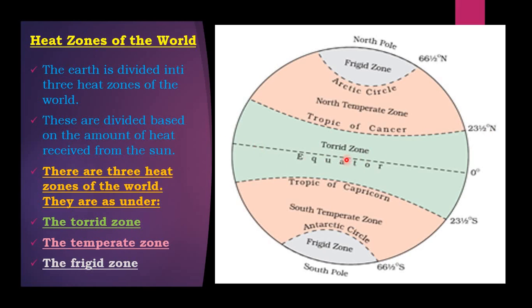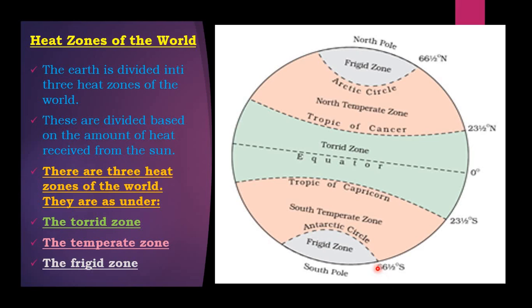Then comes the equator, where the earth has been divided equally into the northern hemisphere and the southern hemisphere. And when you come towards the South Pole, again after the equator we have the Tropic of Capricorn, the South Temperate Zone, and the Antarctic Circle.